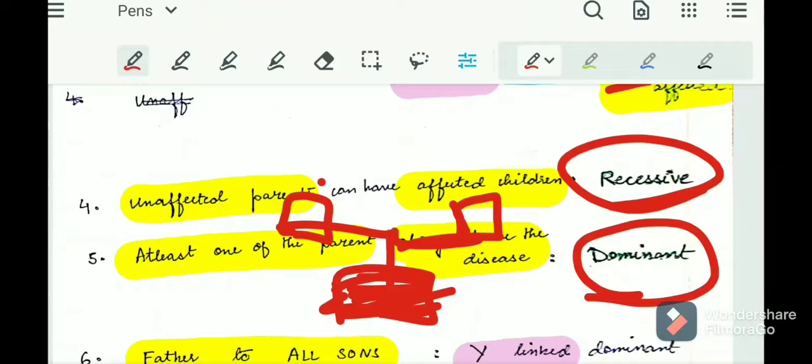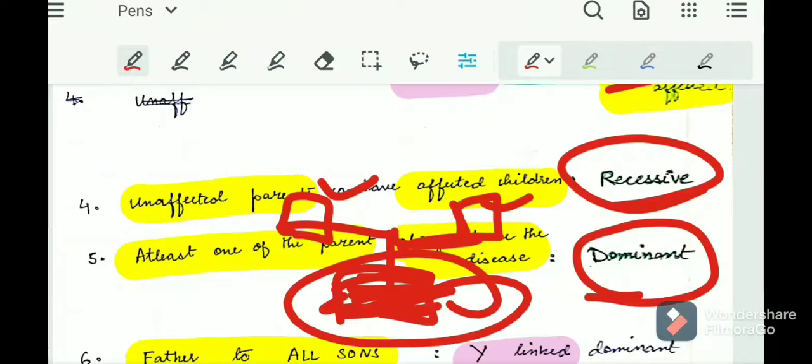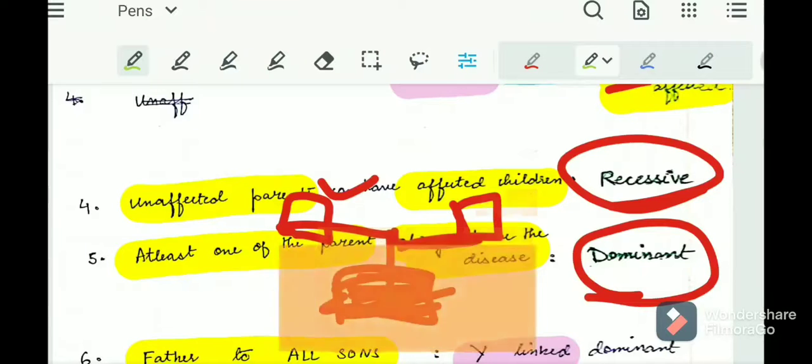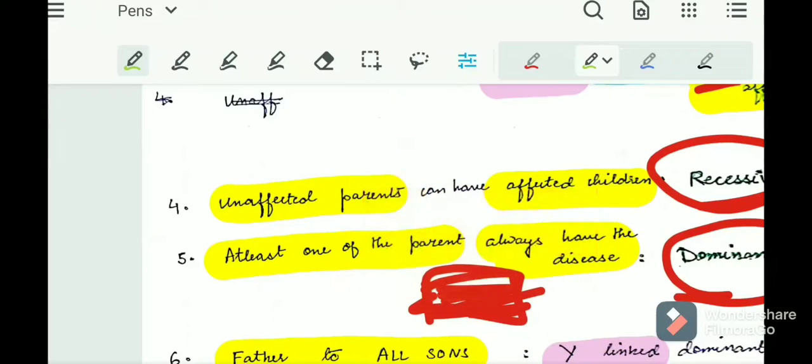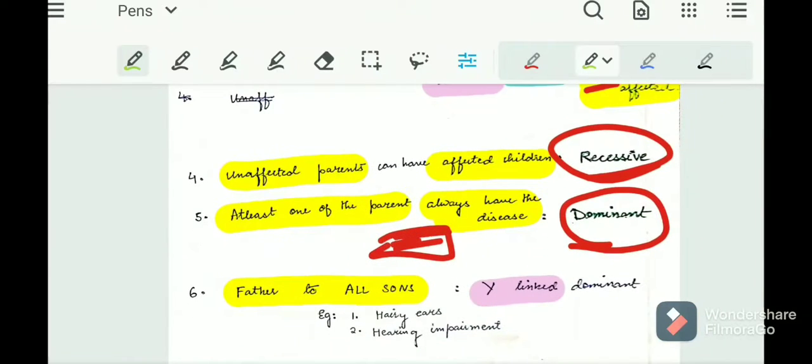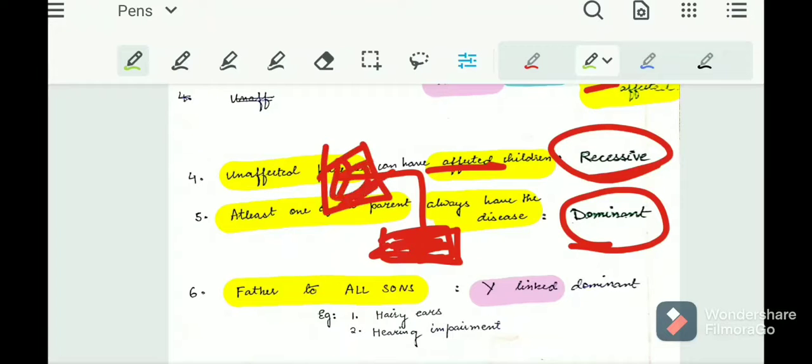Unaffected parents can have affected children. But if this affected child has at least one affected parent, then that is dominant.